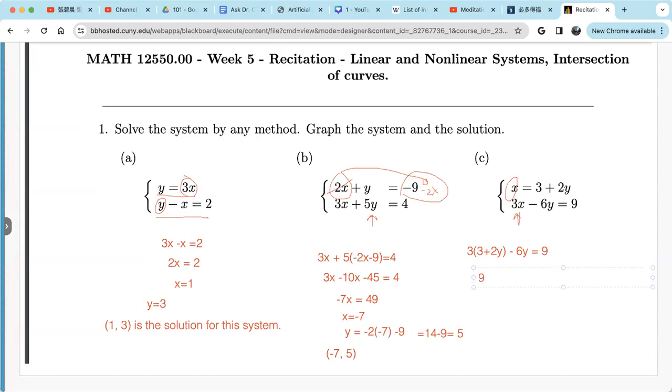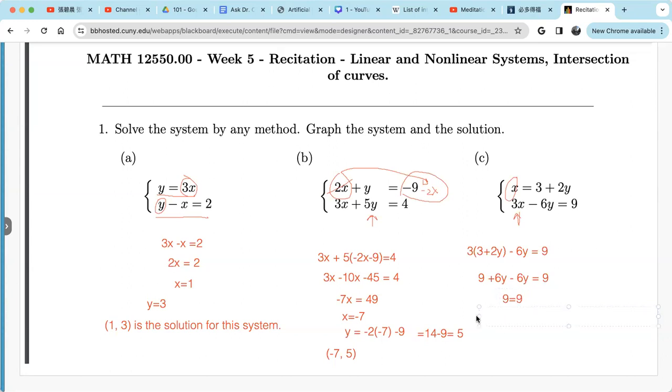Now 3 times 3 is 9. 3 times 2y is 6y. Minus 6y equals 9. Well, 6y minus 6y becomes 0. So we're left with 9 equals 9.